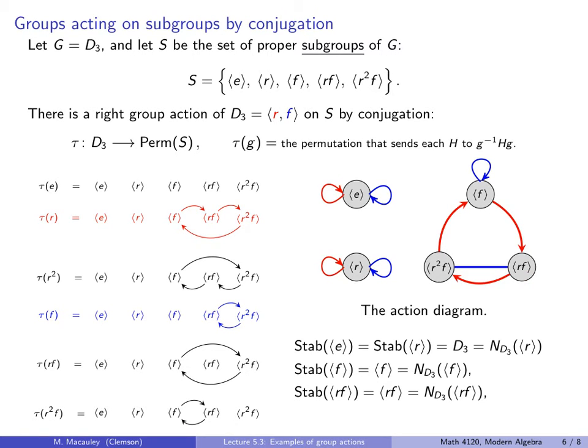And notice that because these groups are not normal, the normalizer can't be the entire group, since that only happens when the group is normal. But it has to contain itself, and there are no subgroups in between this order 2 subgroup and this order 6 subgroup. So the normalizer has to be itself. Finally, the stabilizer of R squared F is the normalizer of R squared F, which is itself. And you can see that because the identity starts here and ends up here, and so does R squared F.